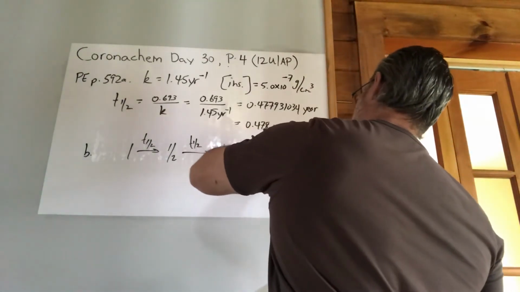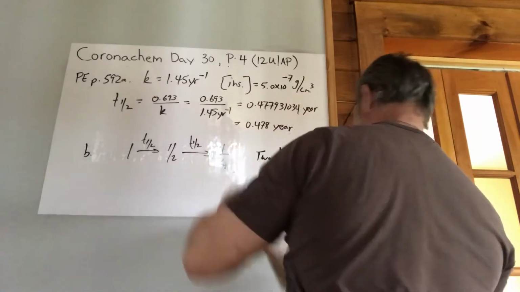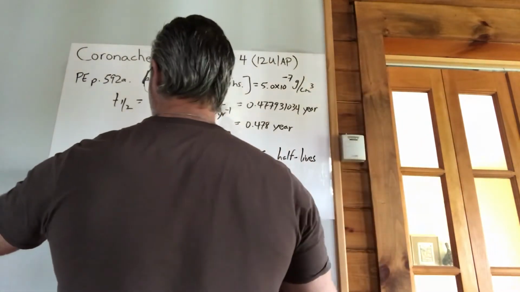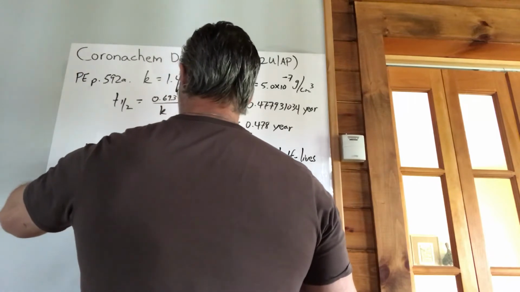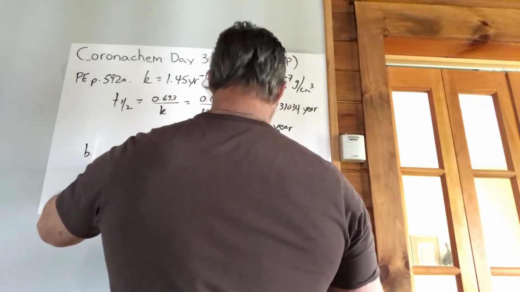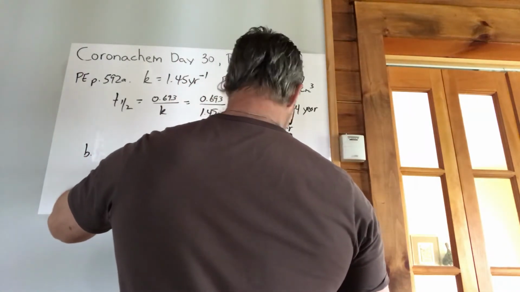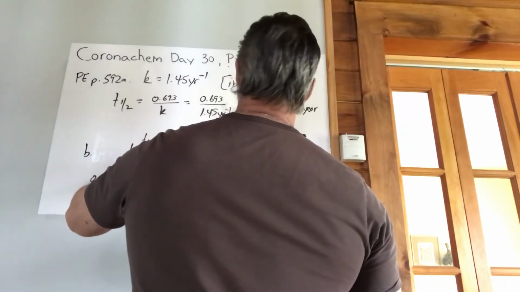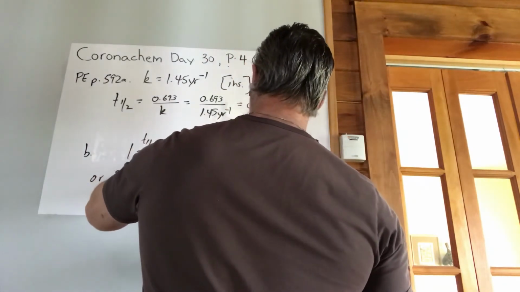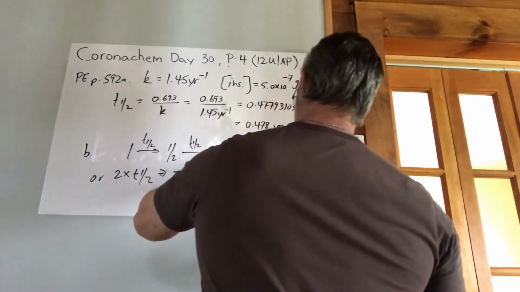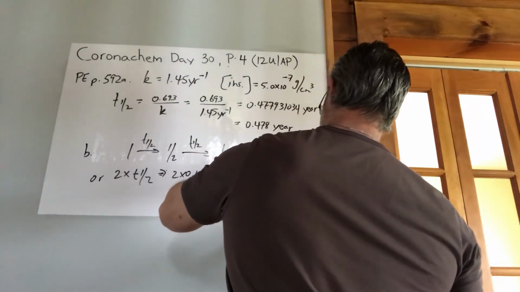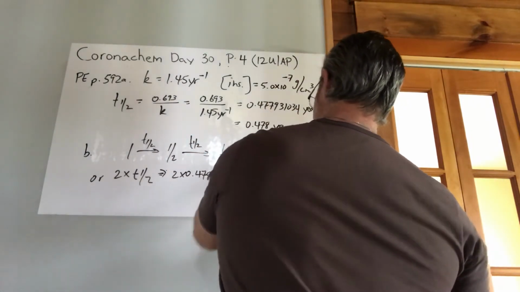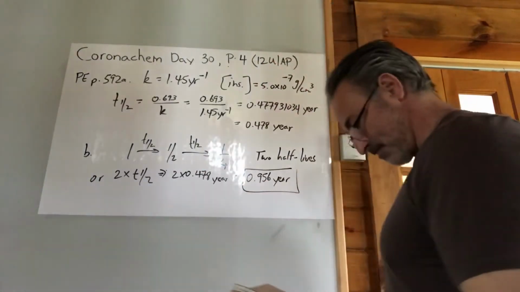So 2 half-lives, or 2 times t 1/2, which equals 2 times 0.478 of a year, gives you 0.956 of a year. So to get down to 1/4 of the concentration, it takes almost a whole year.